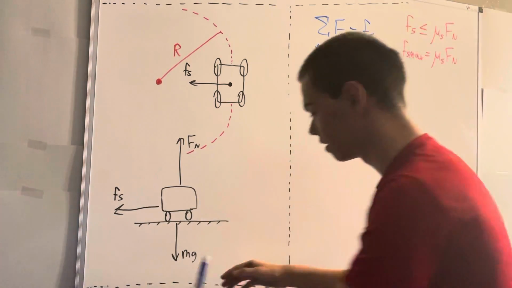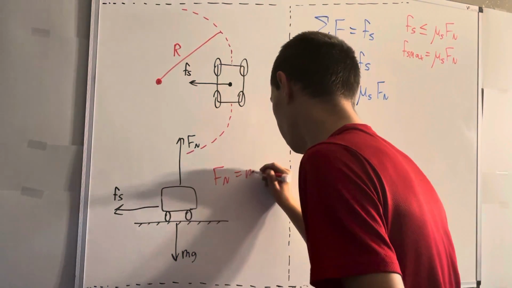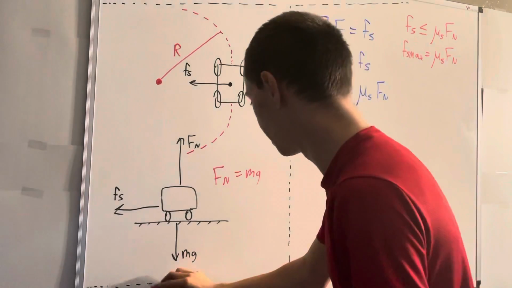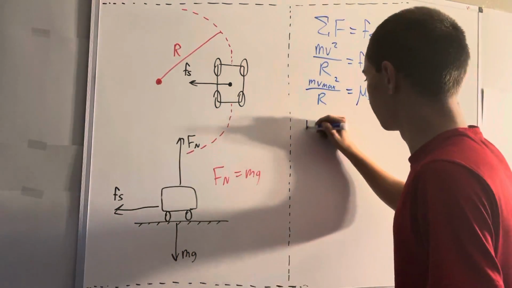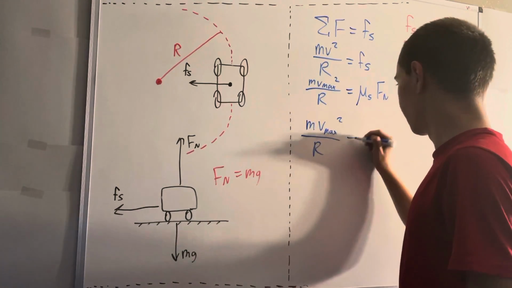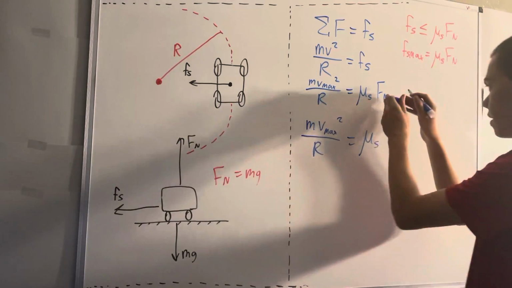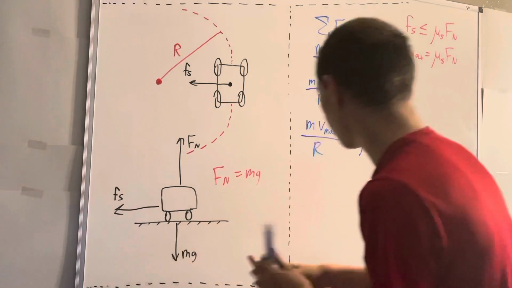So the idea we have to know is that the normal force is equal to the weight force. And so that's what we're going to substitute for Fn. We're going to put mg right there. So really we get m v max squared over r is equal to mu s times mg. And now notice how the mass cancels out on both sides.